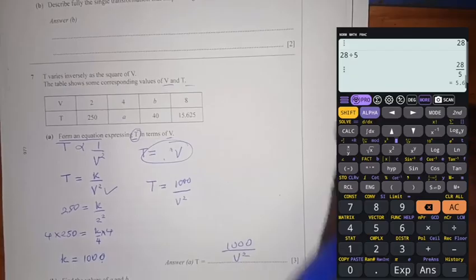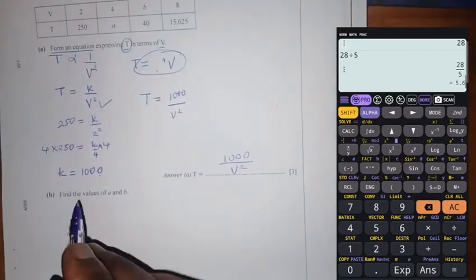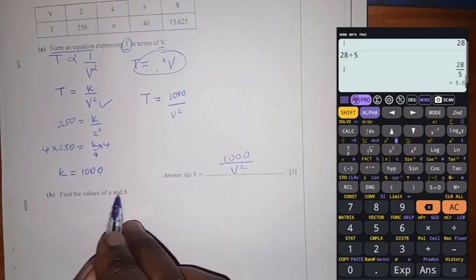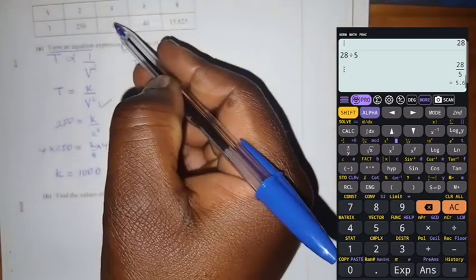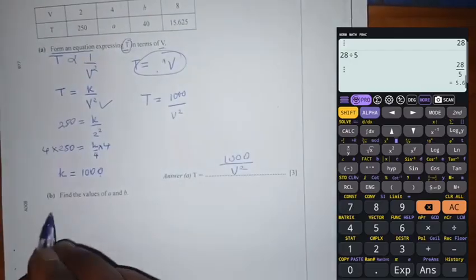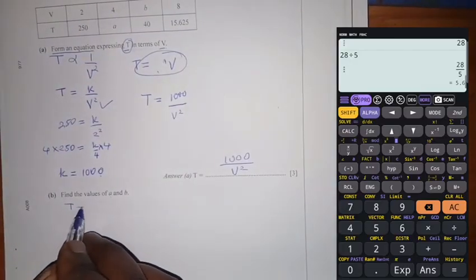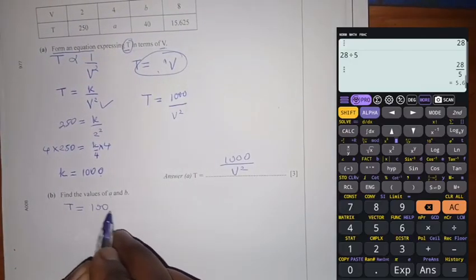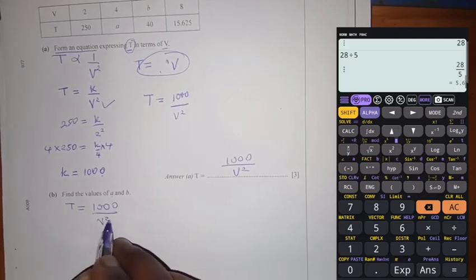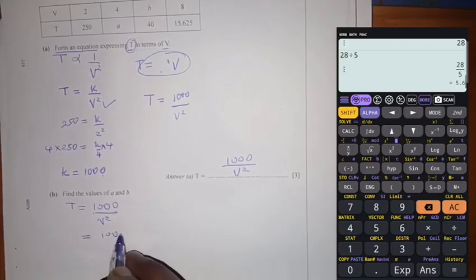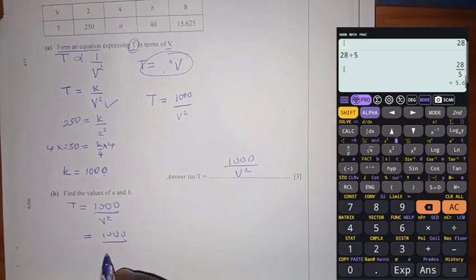I hope that's clear. Now find the values of A and B. To find A, put 4 in V. So T is equal to 1000 over V squared. Now this is 1000 over what's V squared? It's 4 squared.